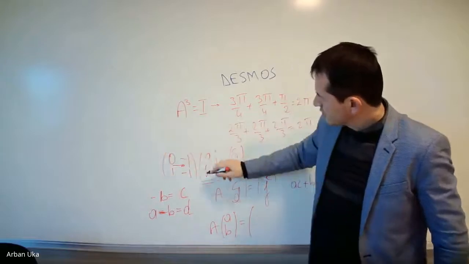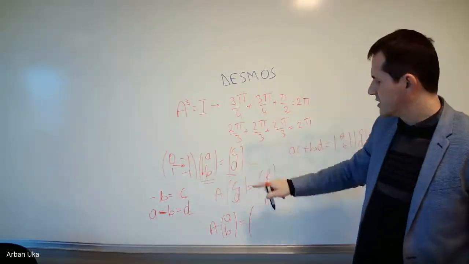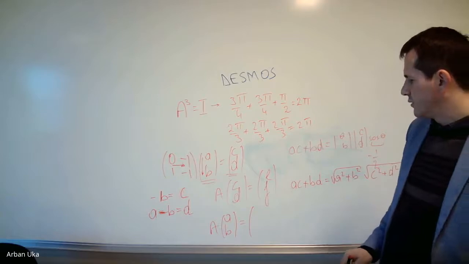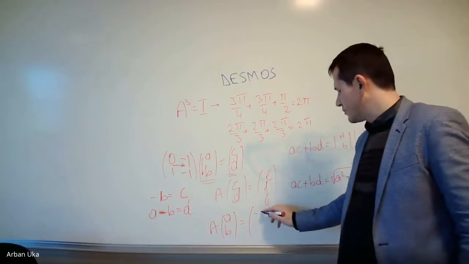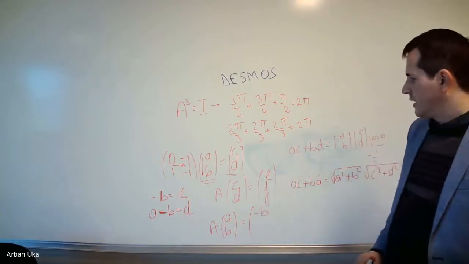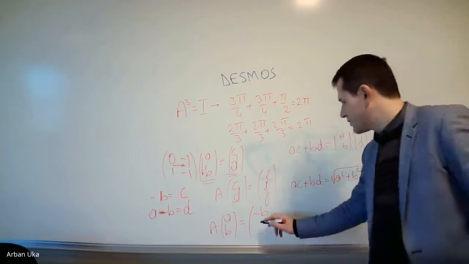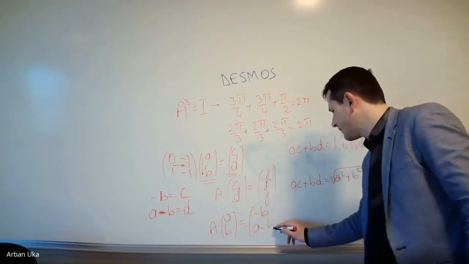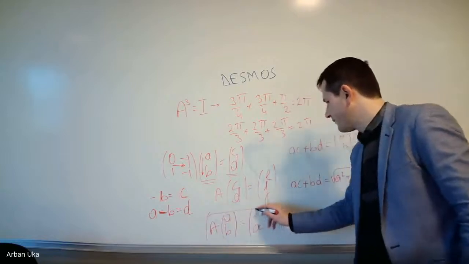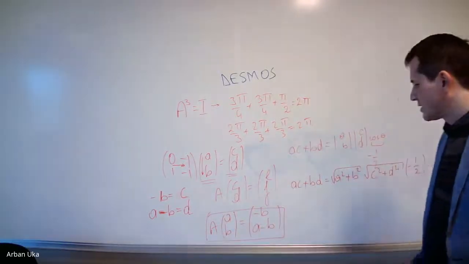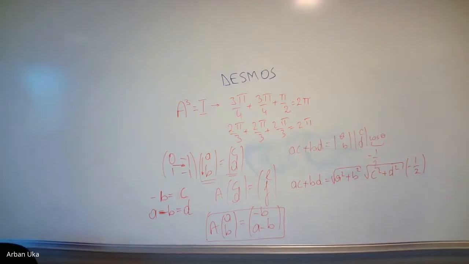So we multiply this row with this column, we should get C. So minus B is equal to C. So C will be equal to minus B, and D is A minus B. Yes. You can check this again at home, and probably there could be some small mistakes.